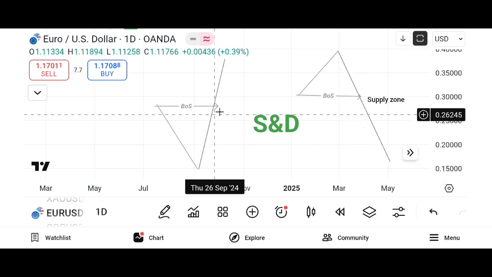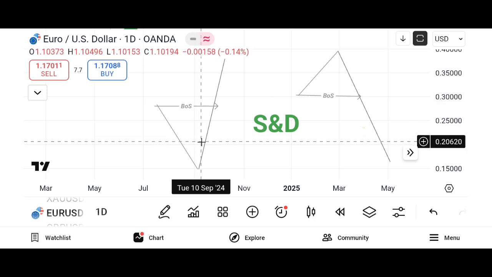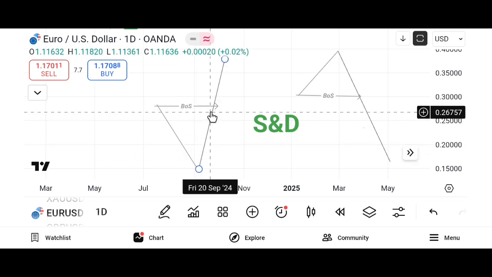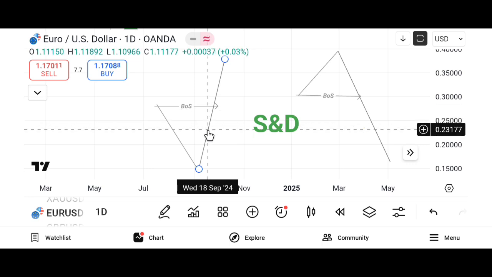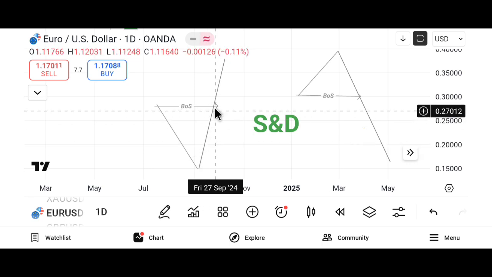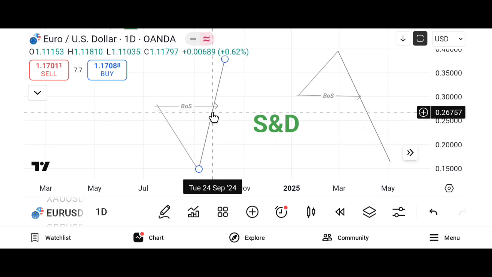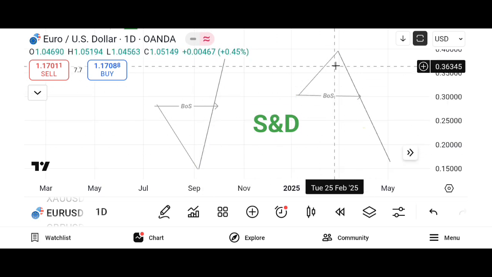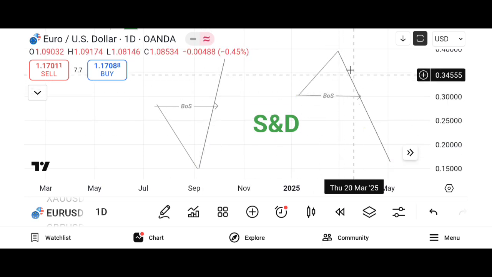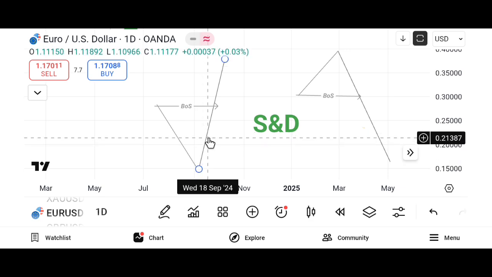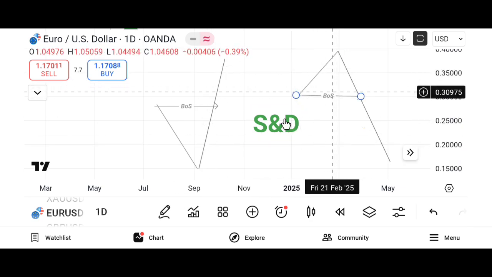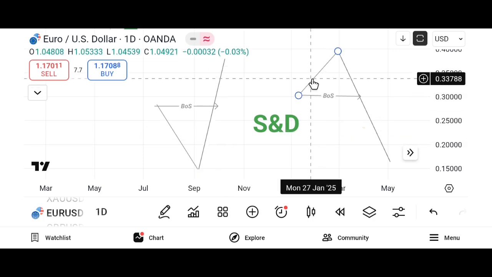So it's just like a market. Below the break of structure is your market. Above the break of structure is your market. So this is a bullish demand zone and this is a bearish supply zone.